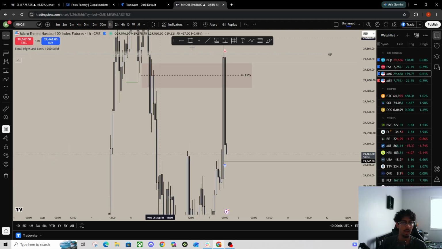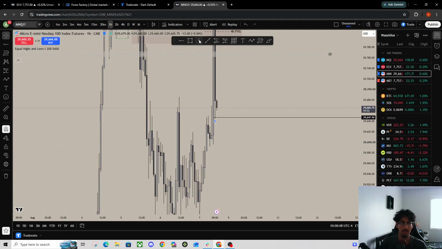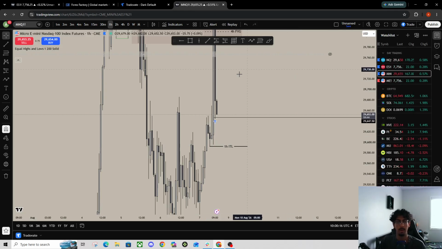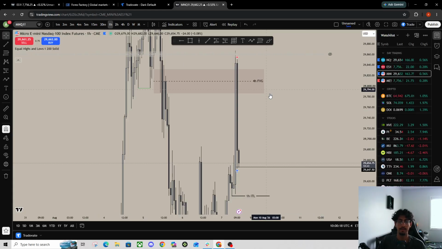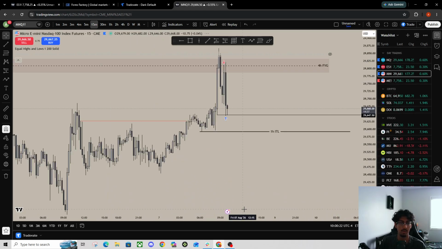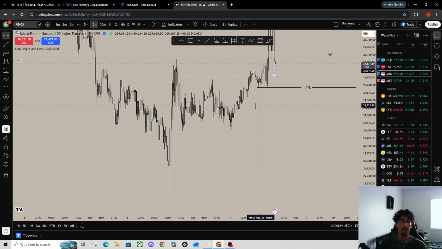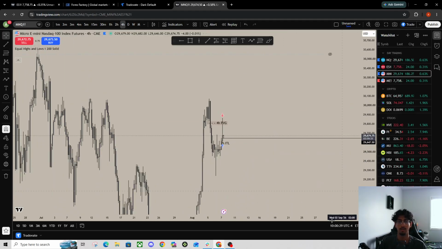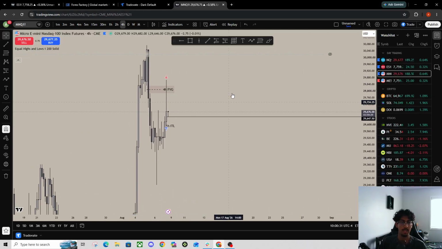But after this, I went to the hourly. We had this 1 hour intermediate low, and this is kind of just my final take profit. I didn't want to hold till all of this LR because of the overall trend, we're high time frame bullish.